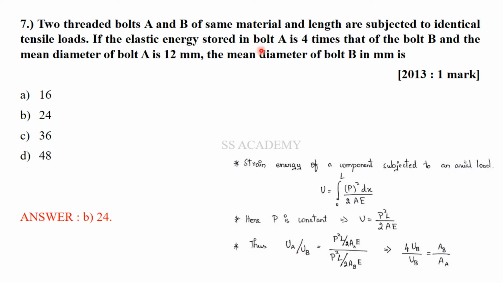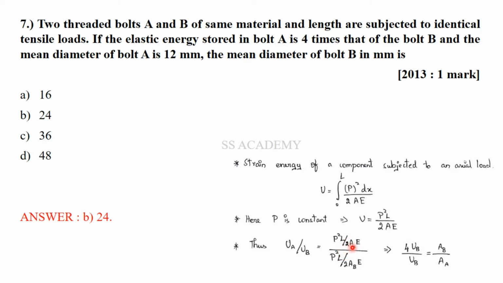Okay, so we are to compare the bolts' strain energy. They have given that the strain energy of bolt A is 4 times that of bolt B. So UA by UB is given as 4 UB by UB. UA is the strain energy of bolt A and UB is the strain energy of bolt B. They have given 4 times, so 4 times the strain energy of bolt B is equal to the strain energy of bolt A, P squared L by 2AE. They have given that the lengths are the same, the material is the same and the load is the same.